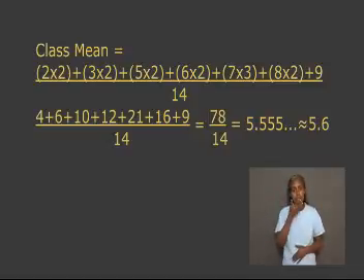Based on our analysis of the data, we can now interpret the results and draw some conclusions. One conclusion might be that the girls in this class should study a little more before their next mathematics test.